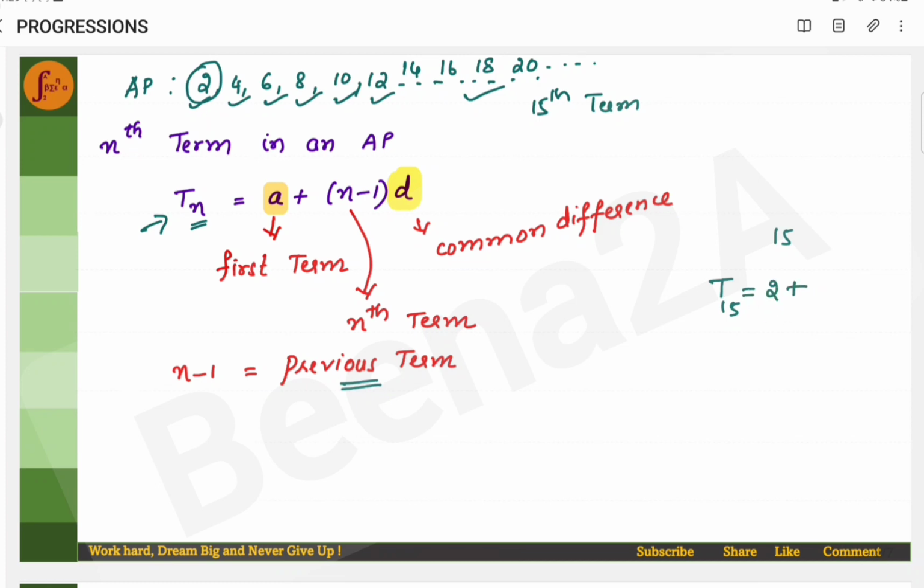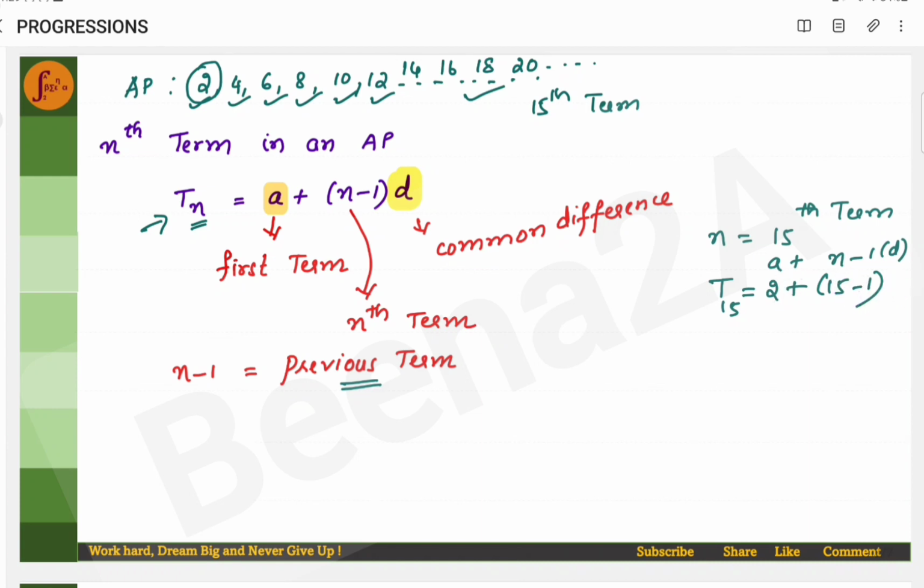Now n is equal to 15 here, because I have to find the 15th term. So I will have 15 minus 1 because I have n minus 1 here. This is a plus (n minus 1) into d. Now a is 2, n is 15, 15 minus 1 into d.